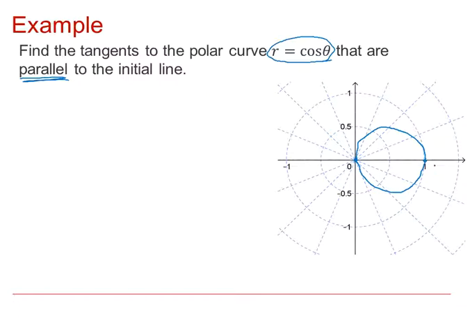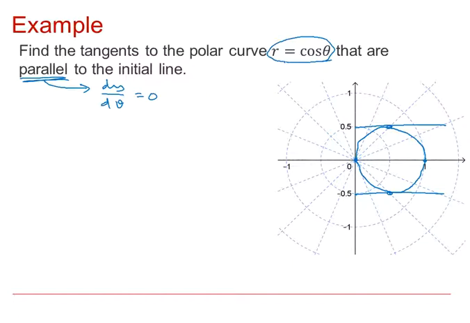And we want the tangents parallel to the initial line. So there's one here that we are hoping to find, and there's one here which we are hoping to find. So we know that r equals cos theta, and we know if we're looking for tangents parallel to the initial line that we need to study dy by d theta is 0.